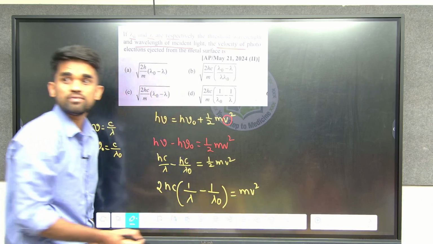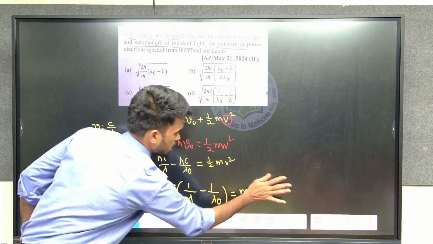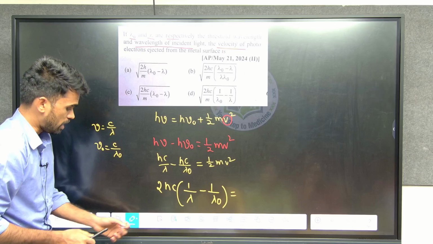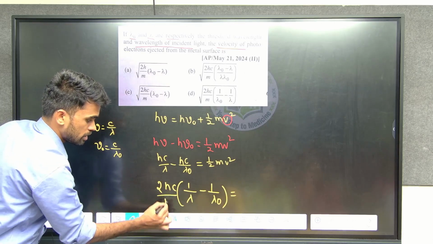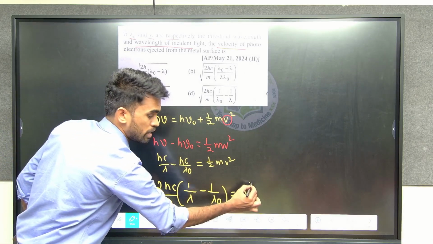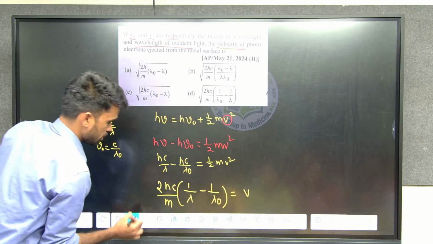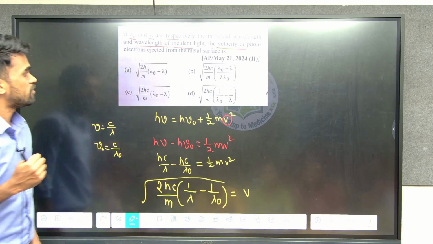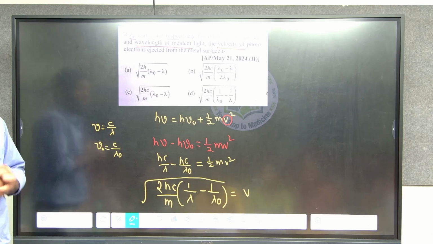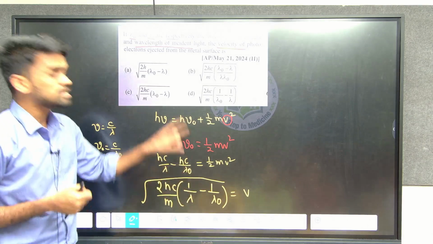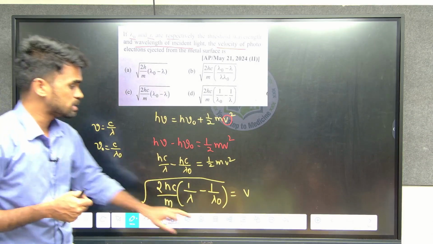But I want it in the form of v only. So I can bring this m also to this side. What happens if I bring m? So we have v square. Now look at the options. If you observe, they simplified it further. How can you simplify it further? Tell me.